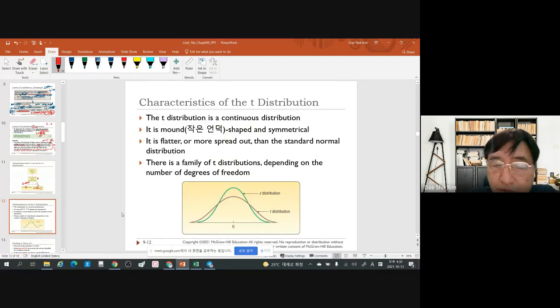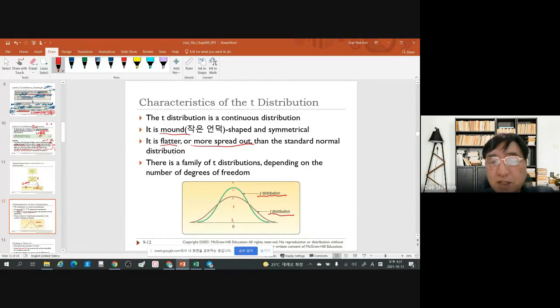The green one is the z distribution, and the gray one is the t distribution, which has a mound shape. Both are symmetric, but the t distribution has a much bigger standard deviation, is flatter, and is more spread out than the standard normal distribution.